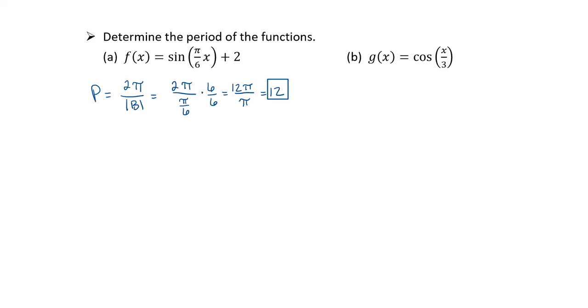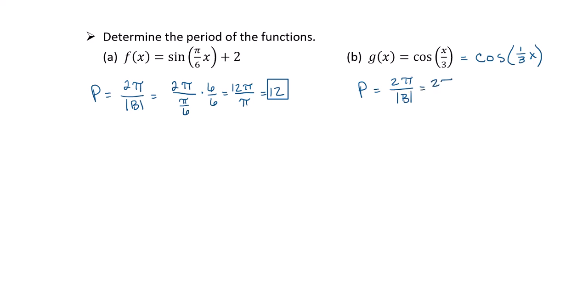Now here I have g of x equals cosine of x over 3. So that we can more clearly see what b is, we can rewrite this as 1/3 x. So my period, p, is equal to 2 pi over the absolute value of b.